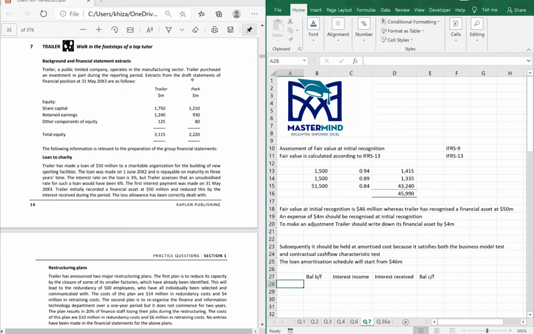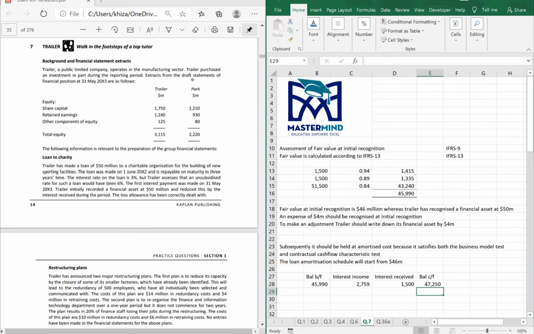I'll use the value I've taken here. Interest income is at 6%, whereas interest received is 1500, the coupon rate times par value. Your outstanding balance will be 47250.